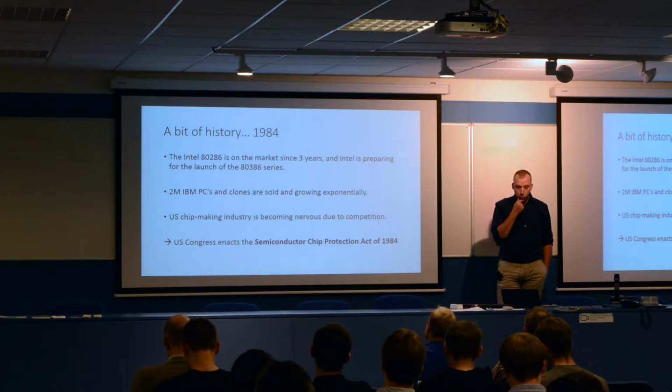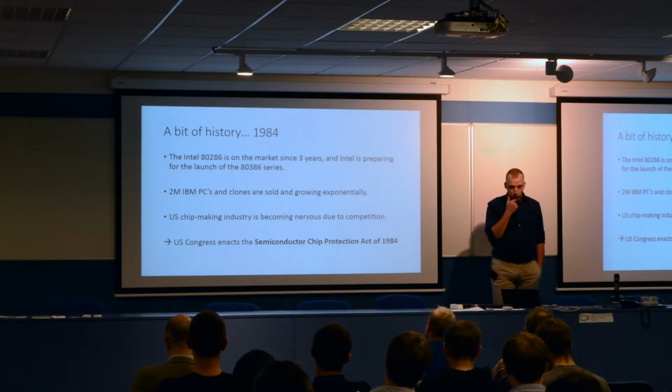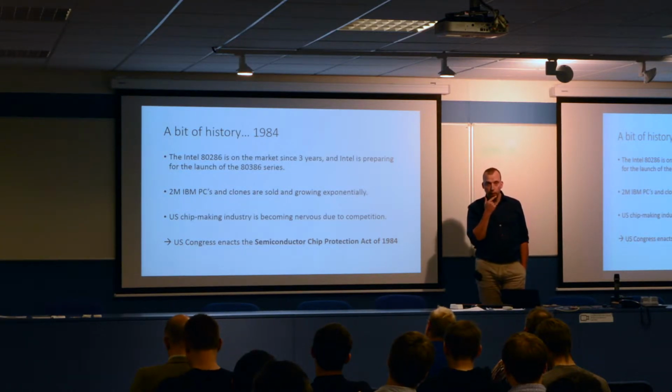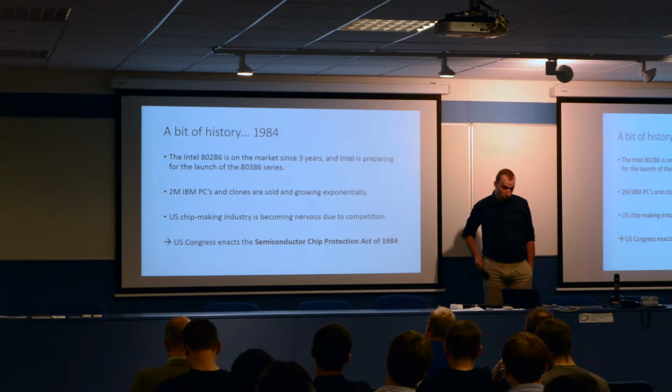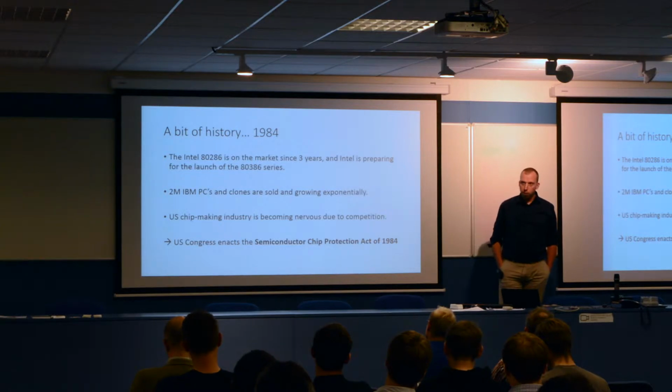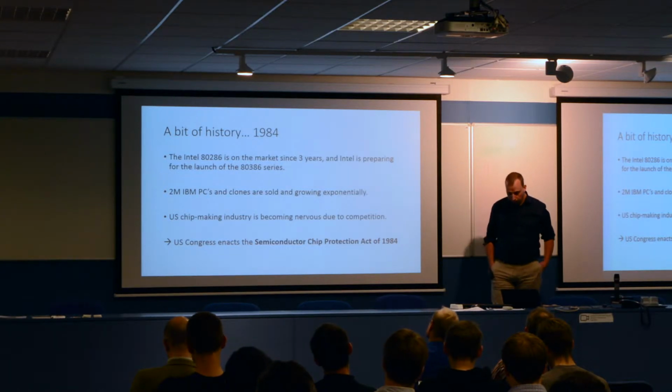In 1984, about 2 million IBM PCs and clones were sold. It was growing exponentially. And the US chip making industry was getting quite nervous about getting their market share eaten away by competitors. So under pressure of, or rather lobbying by, the semiconductor industry in the US, the Semiconductor Chip Protection Act of 1984 was enacted.